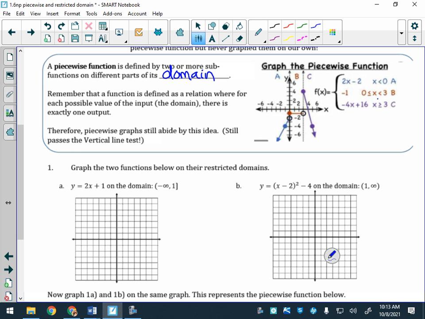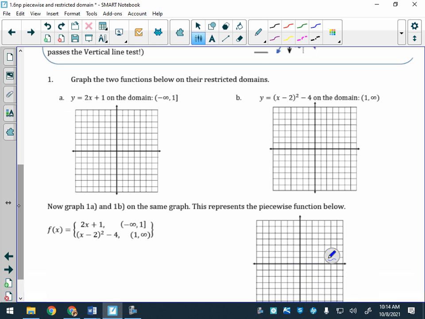If we had 2 closed circles, like both equal to, then it wouldn't be a function, and we wouldn't create a piecewise function. So all piecewise functions that we are going to see will be functions. What I want you to do is graph these 2 functions, a and b, using the restricted domain.